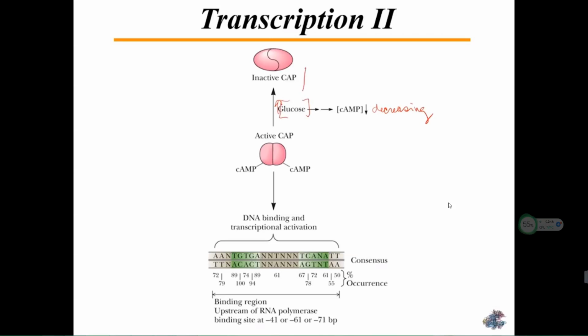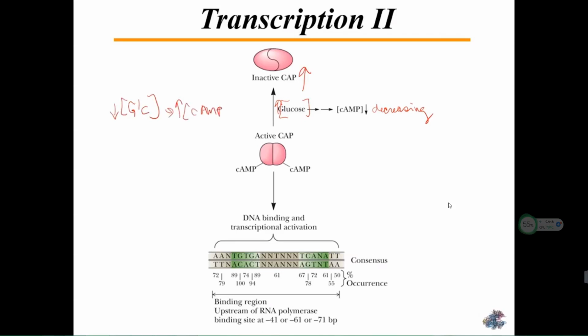Okay? Conversely, if all the glucose has been used up, so you start to get decreases in glucose concentration, we get an inverse increase in cyclic AMP concentrations. Okay?